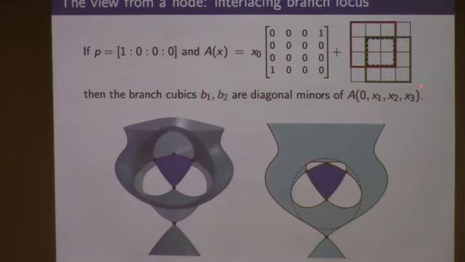So this is a matrix in linear forms in x1, x2, x3. It's what the mystery colored box is. And if you took the determinant of this whole thing to get the surface, and you took the branch locus of projection from this point, you get 2 cubics, and those 2 cubics would be diagonal minors of this matrix as well.